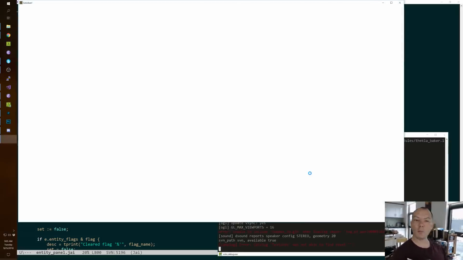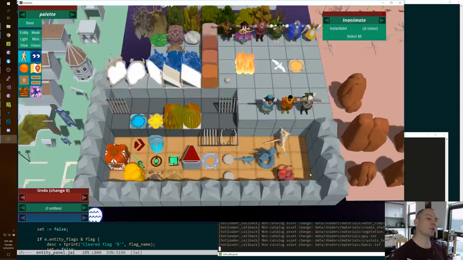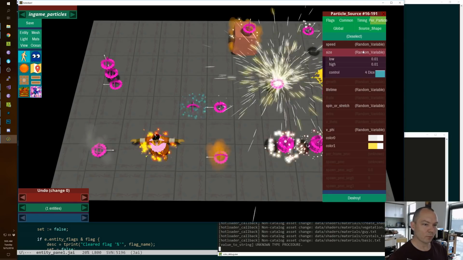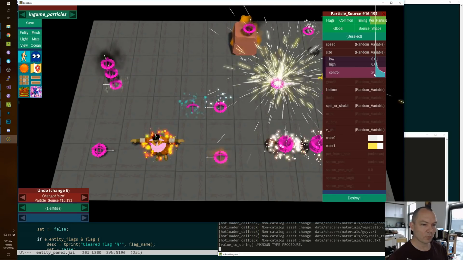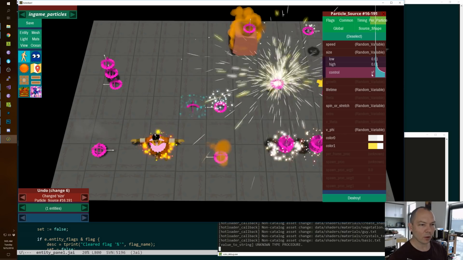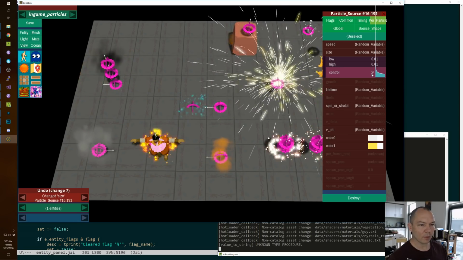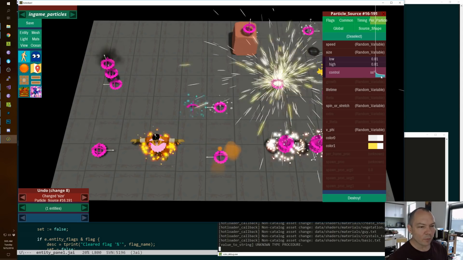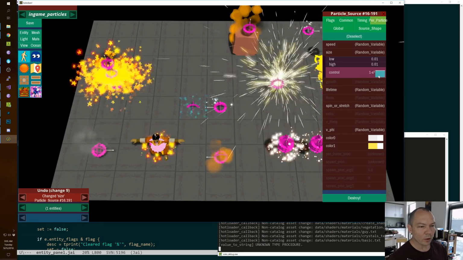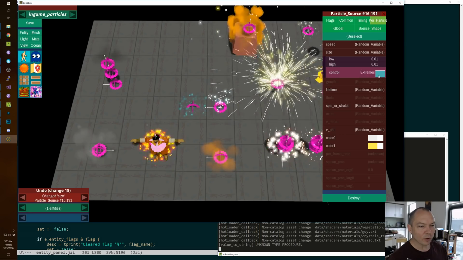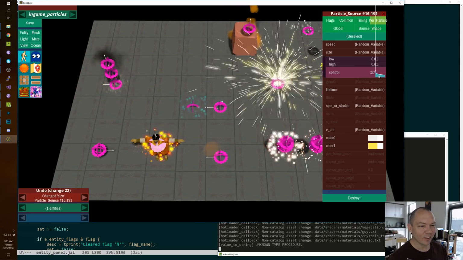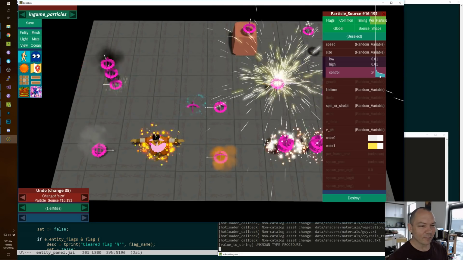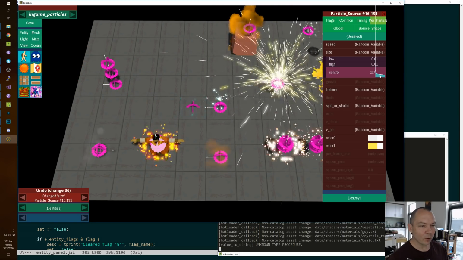At least. I may have screwed up other things as well, but that is definitely a thing that I screwed up. Okay, that looks better. That looks like I expected. It's not really anti-aliased, unfortunately. We may have to turn on some anti-aliasing.